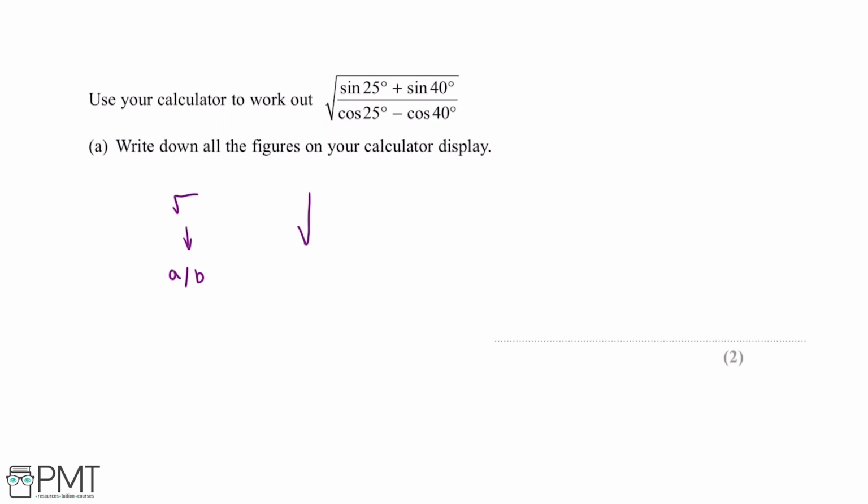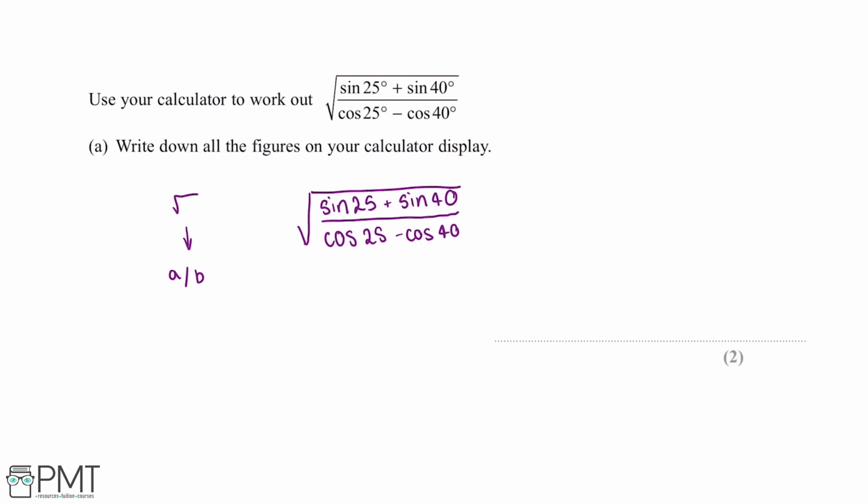So we want to type in sin 25 plus sin 40. And then if we press the down arrow key, this will take us to the denominator of the fraction. And we can type in cos 25 minus cos 40. And then we press the equals button.